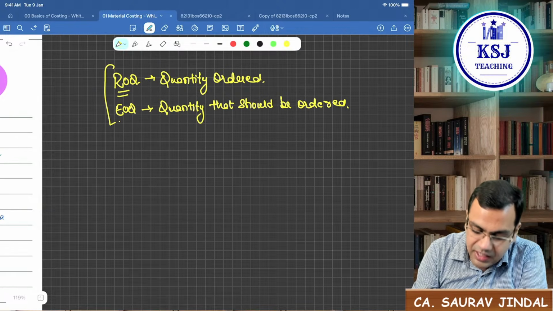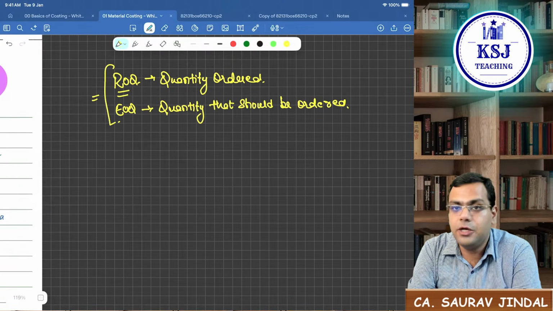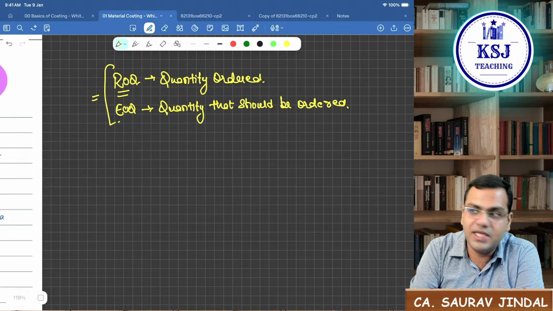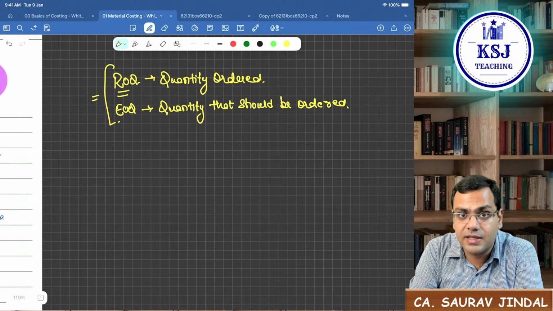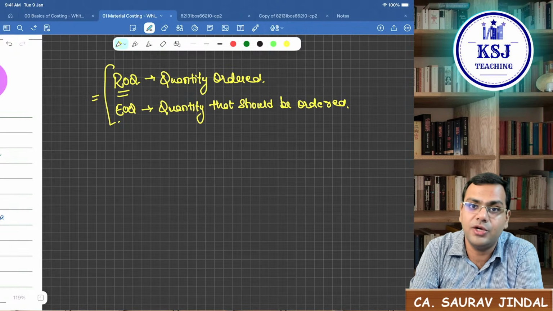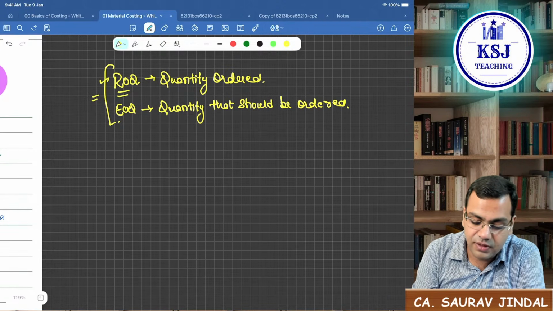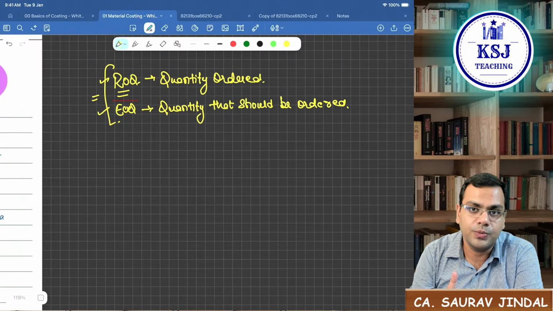Normally, ROQ will be equal to EOQ unless otherwise specified. If a question specifically mentions that the ROQ, what the company is actually ordering, is different from the EOQ, then the ROQ will be different. Otherwise ROQ will always be equal to EOQ.